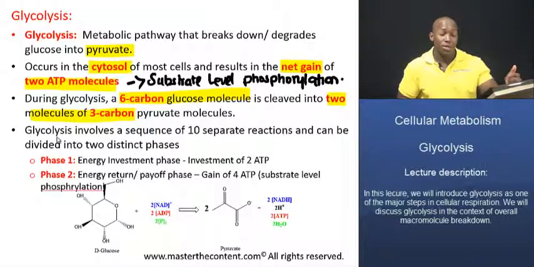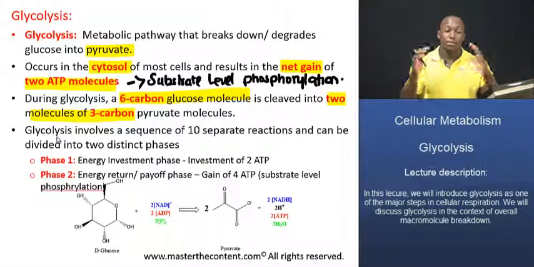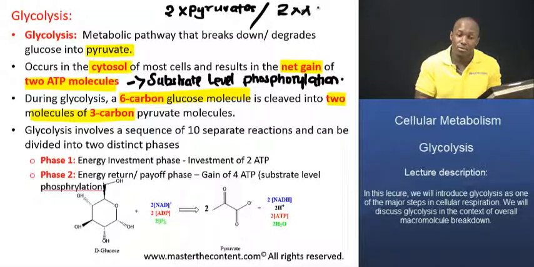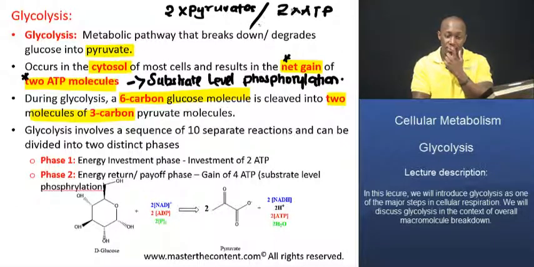For each molecule of glucose that goes through glycolysis, a bunch of things are produced. I've already told you that we produce 2 pyruvates. We also produce 2 ATP molecules, a net gain of 2 ATP through substrate level phosphorylation.